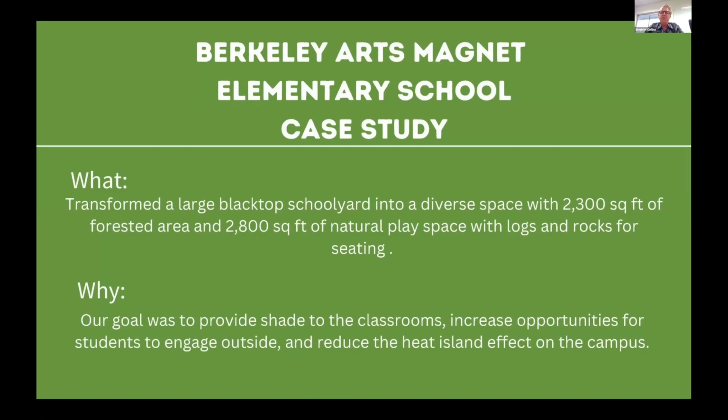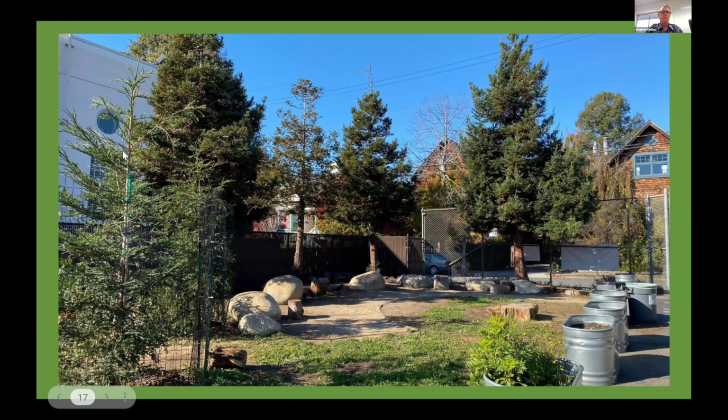But here's an example. So this is our Berkeley Arts Magnet school, and it's one of our largest, just all blacktop playgrounds. And so we did a playground improvement project, but it wasn't full scale. But one of the things we did was we took a 2,800 square foot space and then a 2,300 square foot space, and just created a small scale one.